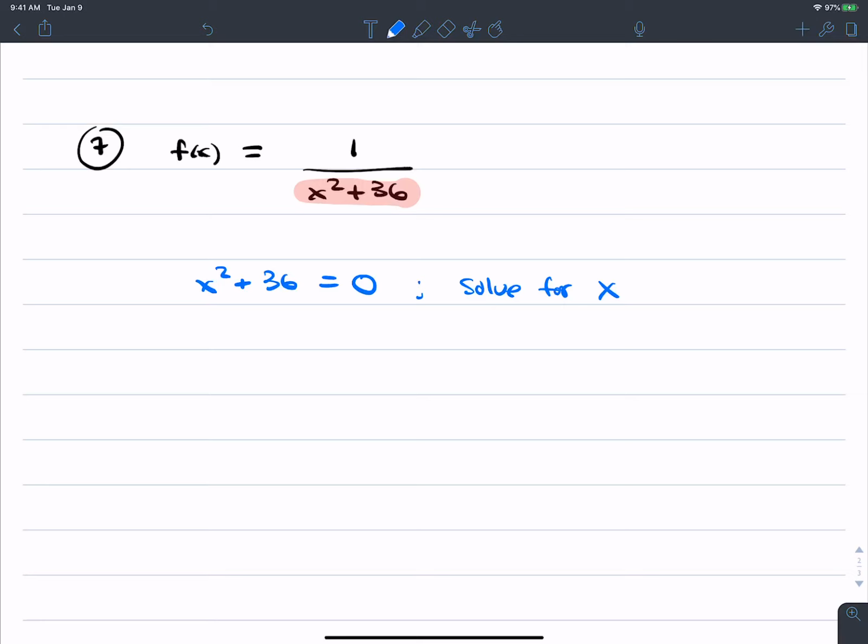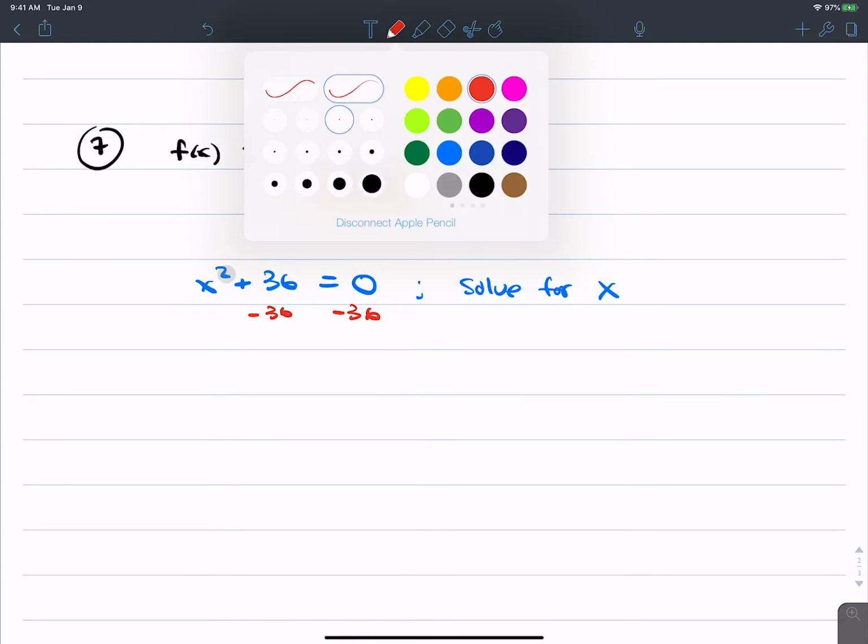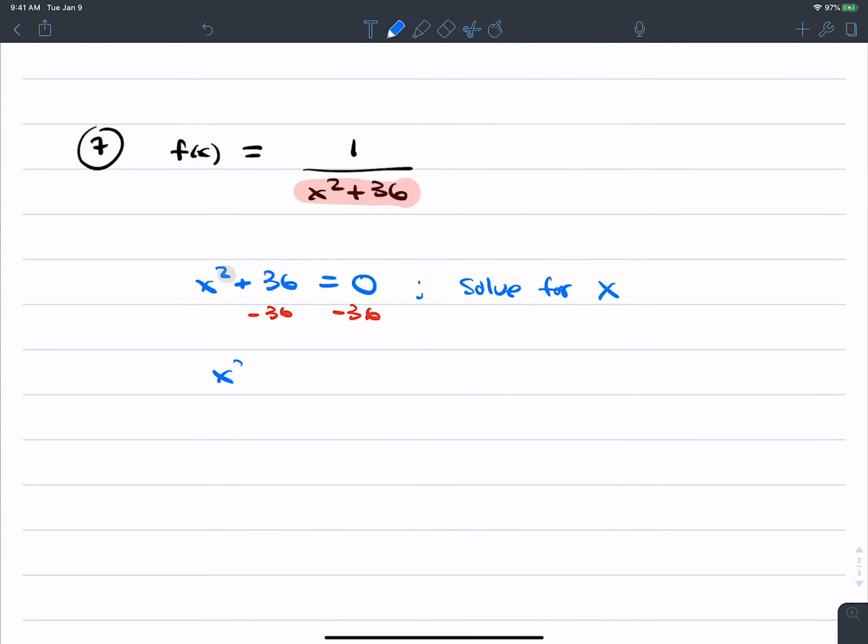And at this point, we're going to notice a couple of things. There's a couple of ways that we've seen for how we can solve this quadratic equation. And again, remember, this is a quadratic because we have the highest power here, be 2. One method was that I subtracted 36 from both sides. In that method, I get x squared is minus 36.